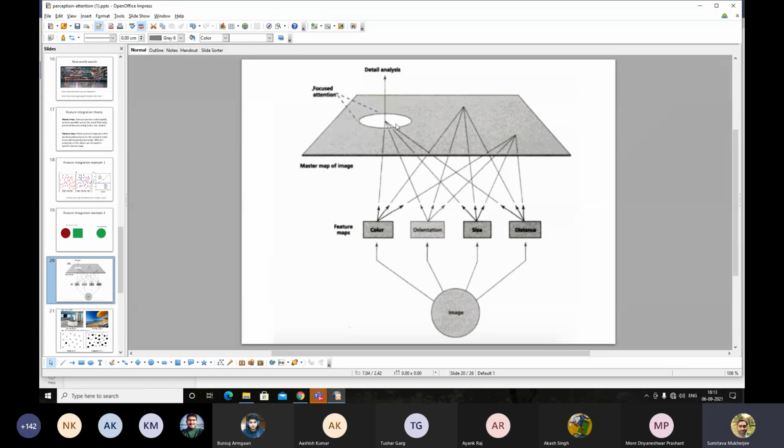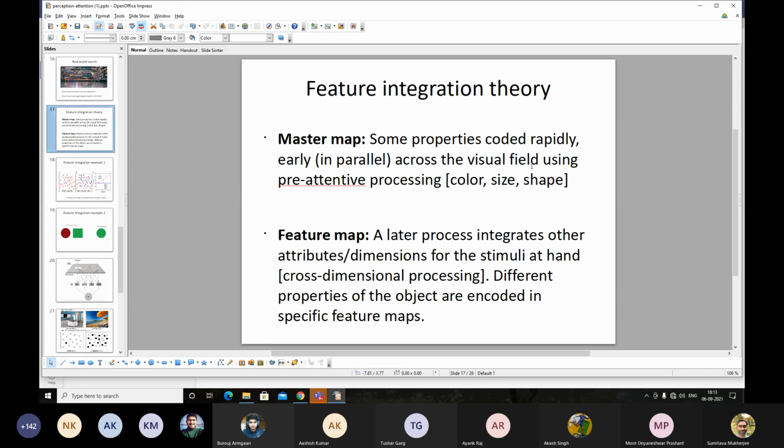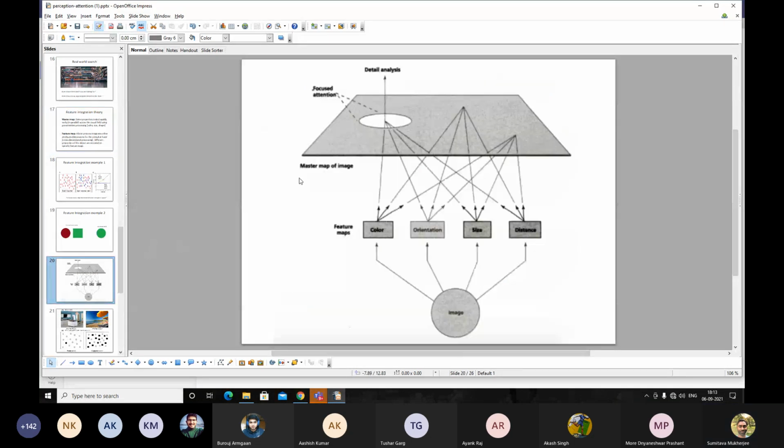So the master map here is going to happen parallelly, because it needs to pick certain specific properties and feed it to create the feature maps. And here the examples of feature maps are color, orientation, size, and distance.